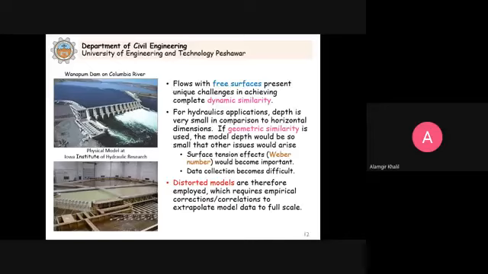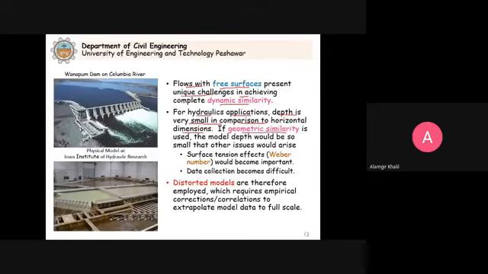So now you see that this we already discussed, that flows with free surfaces present unique challenges in achieving complete dynamic similarity. For hydraulic applications, depth is very small in comparison to horizontal dimensions.